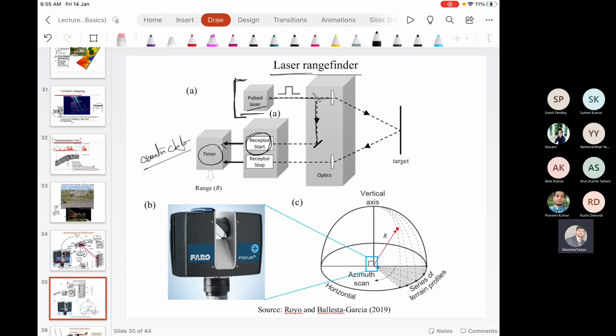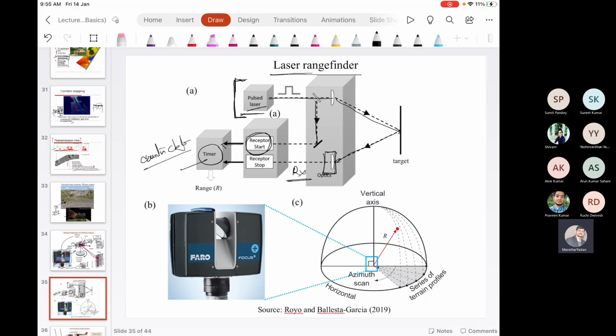So this receptor signal is triggered through the timer circuit, and it starts the counting. This laser beam goes, hits the target, then returns back. Now it is sensed by the receiver unit. This is the optics that collects the laser energy. After collection of laser energy, there is internally the receiver circuit.